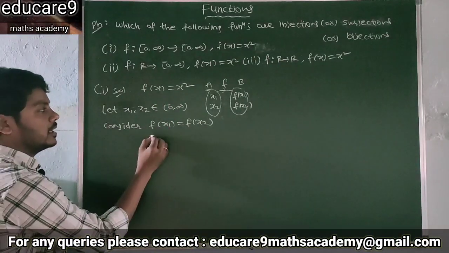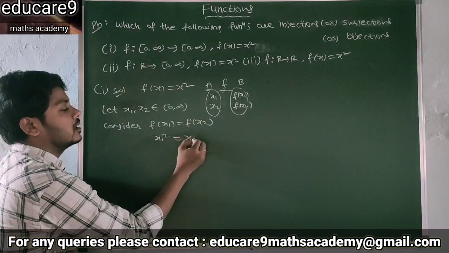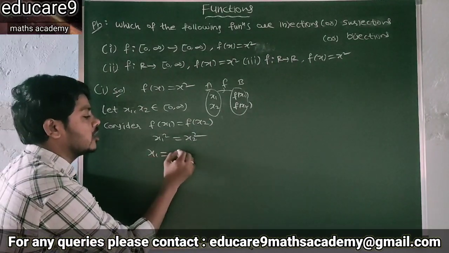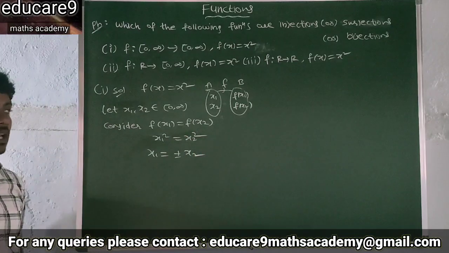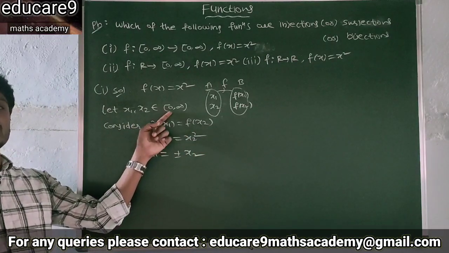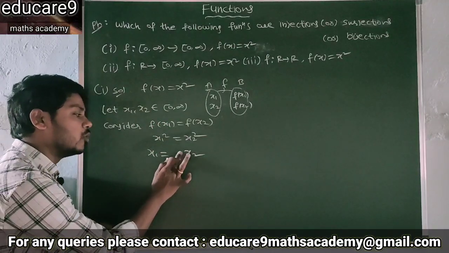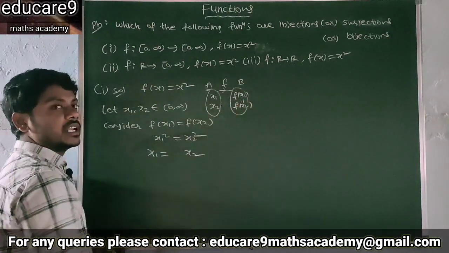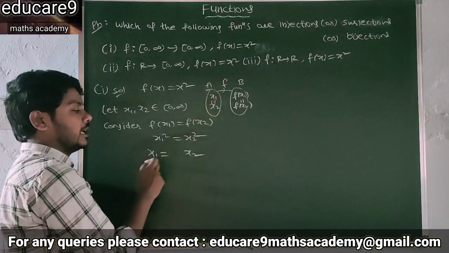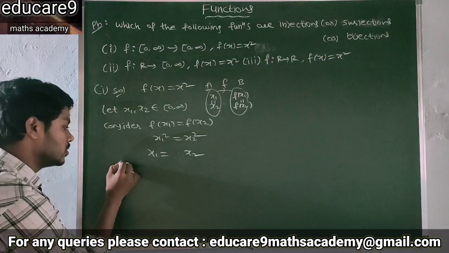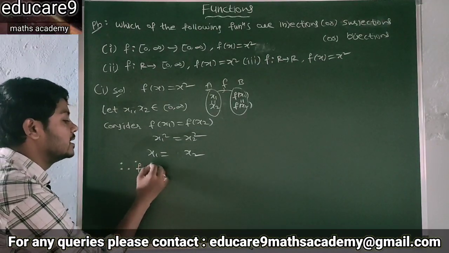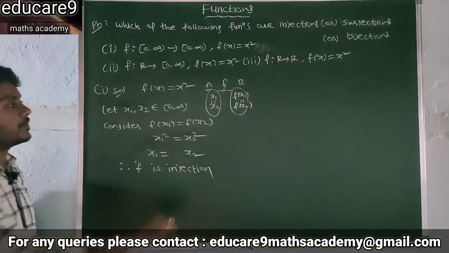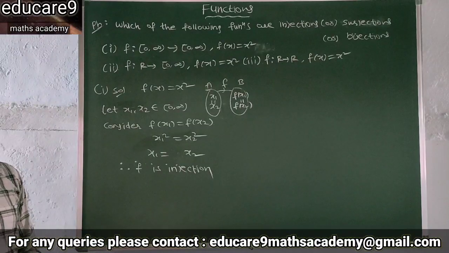What is f(x1)? x1 square is equal to f(x2), which is x2 square. So actually you will get x1 equal to plus or minus x2. But here x values are positive only, so take only positive. So clearly consider f(x1) equal to f(x2). Then you proved x1 is equal to x2. So therefore f is injection. That is 1.